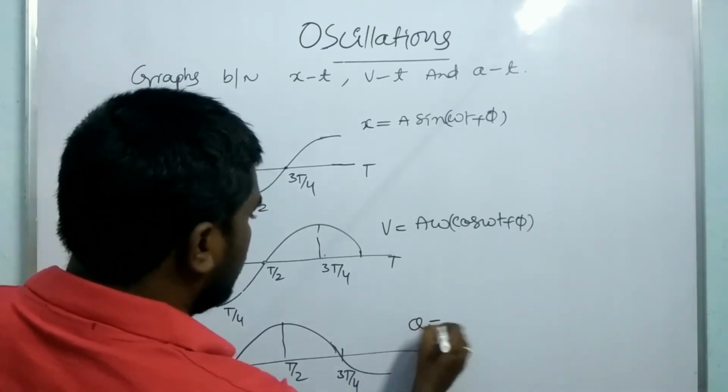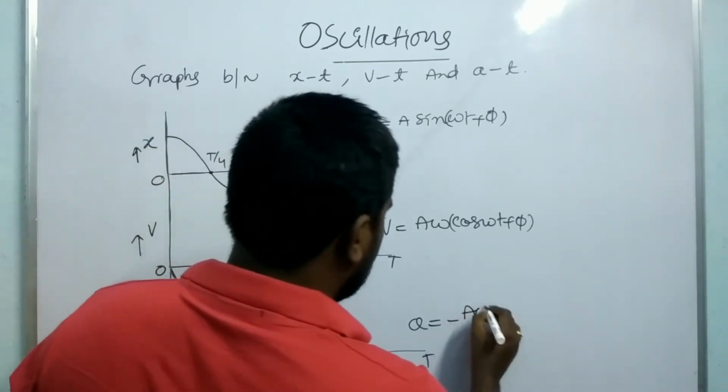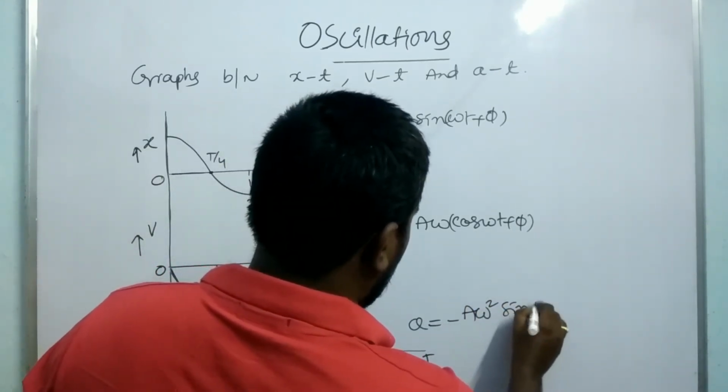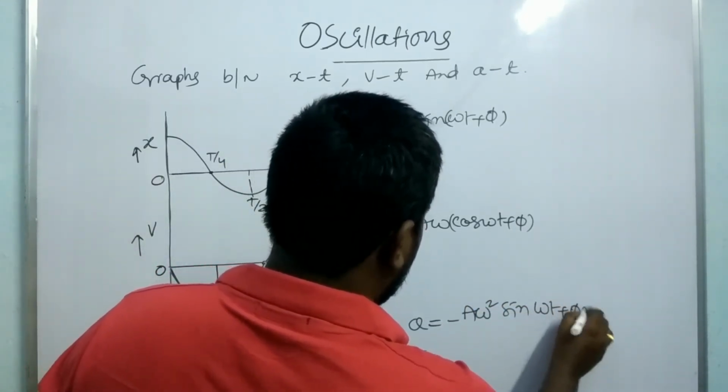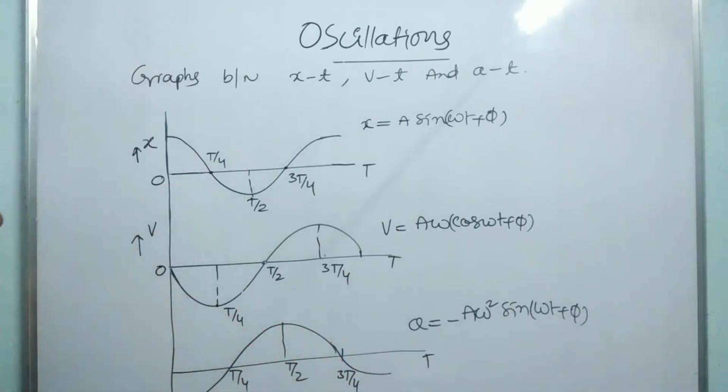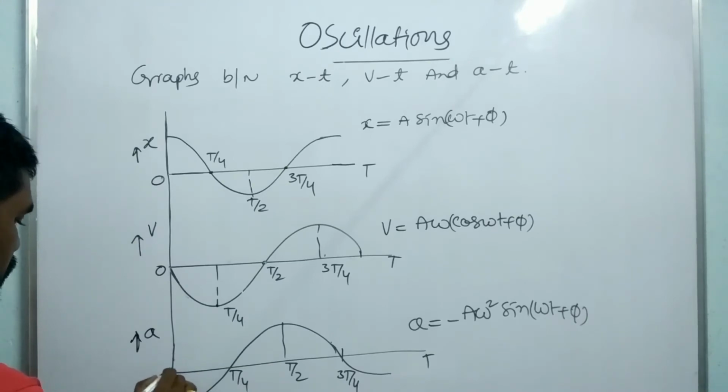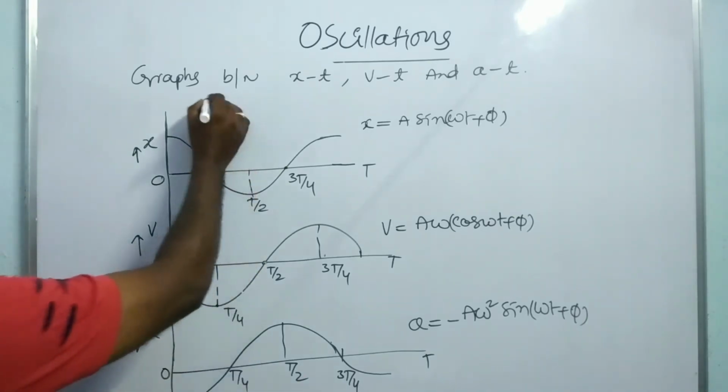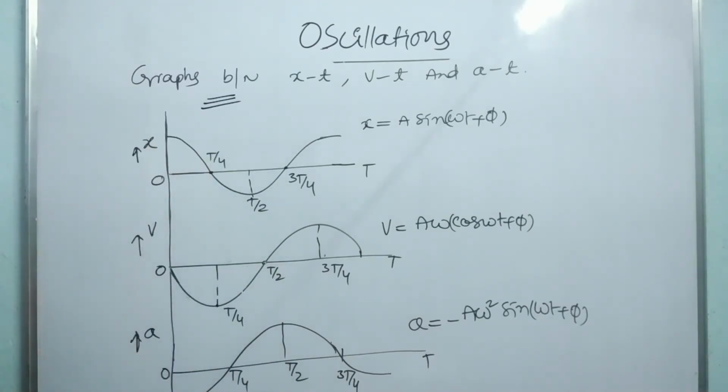And acceleration a is equal to minus a omega square sine omega t plus phi here. This is the origin. So these are the very important graphs of xt, vt and at.